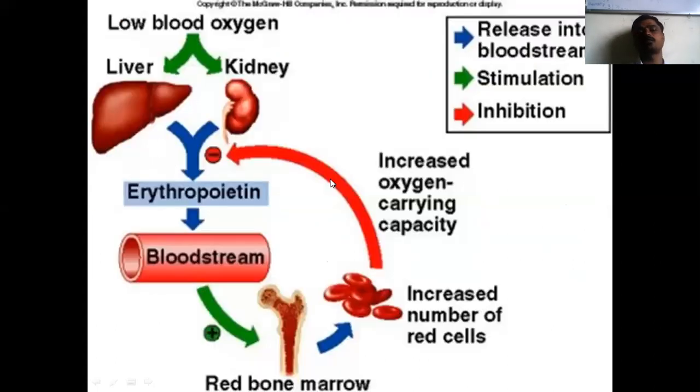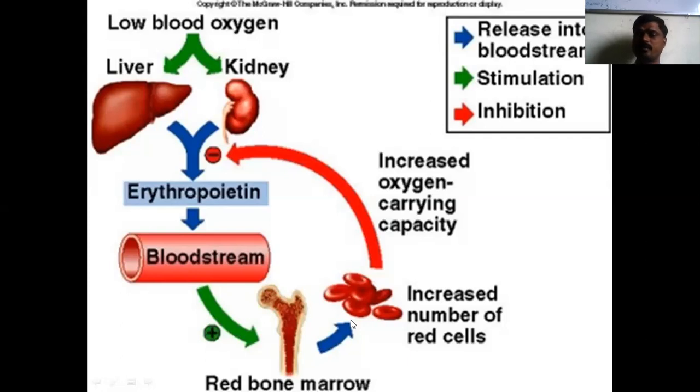You can see here the formation of erythropoietin, the arrows, release into the bloodstream, stimulation and inhibition. This is the path of erythropoiesis, from the bone marrow, supposed to be the red bone marrow, to increase the number. Suppose the liver and kidney send the message for erythropoietin into the bloodstream; it is a positive response, so the bone marrow produces red blood cells.